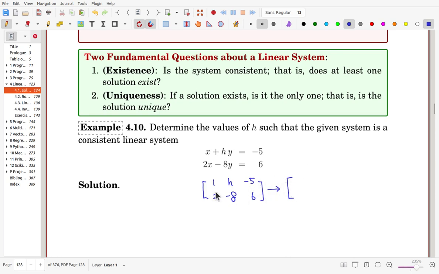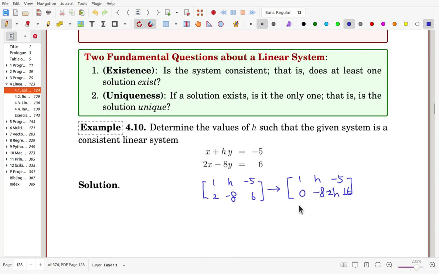Eliminate this one by subtracting twice the first row: 1, h, -5, and that is 0, and there is -8 minus 2h, right? Twice subtracted, and this one will be 16, right?